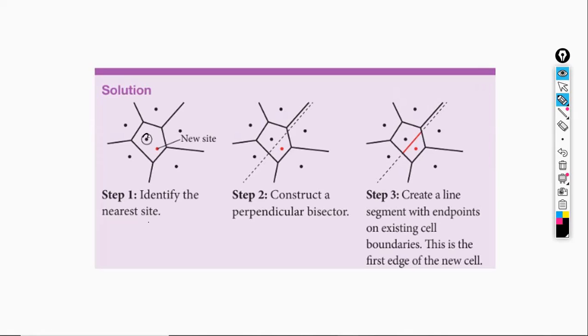So in this case, we identify this one. And step 2, add a perpendicular bisector, which you do as a dotted line. And then the third step is that you use that perpendicular bisector to create a line segment, but the endpoints are going to be on existing cell boundaries. So you go from this cell boundary down to this one, and you simply build that edge.